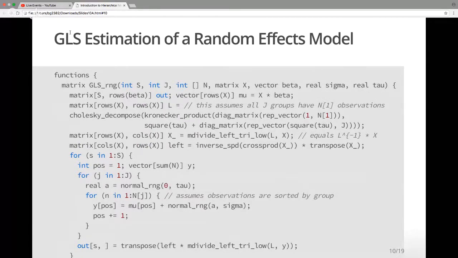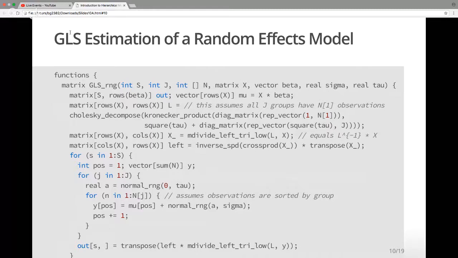So having the Kronecker product enables us to think about estimating so-called random effects models using a frequentist estimator known as generalized least squares. And so this is going to return a matrix of point estimates.